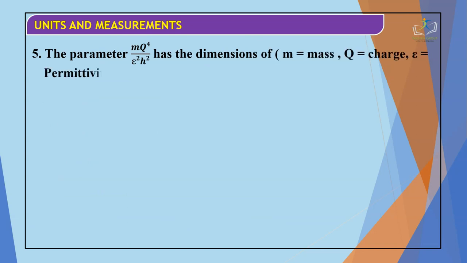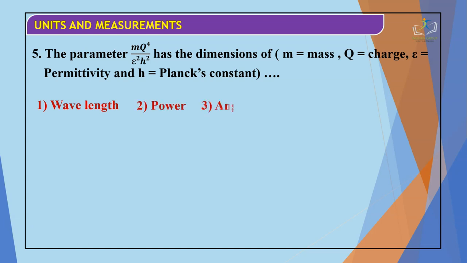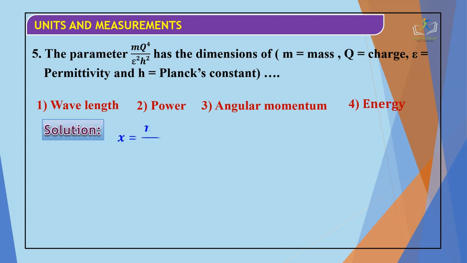Next question is, the parameter m q to the power 4 epsilon naught square h square, where m is mass, q is charge, epsilon naught is permittivity and h is Planck's constant. What is this showing: wavelength, power, angular momentum or energy? So students, we know suppose this is x, which is equal to m q to the power 4 epsilon naught square h square.